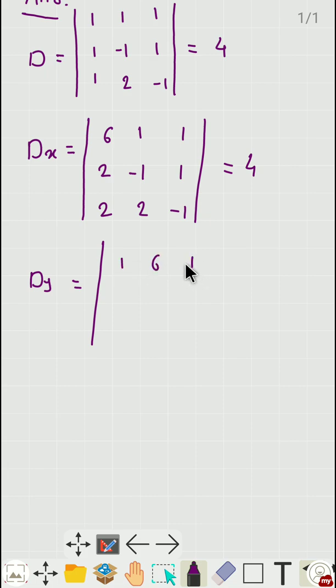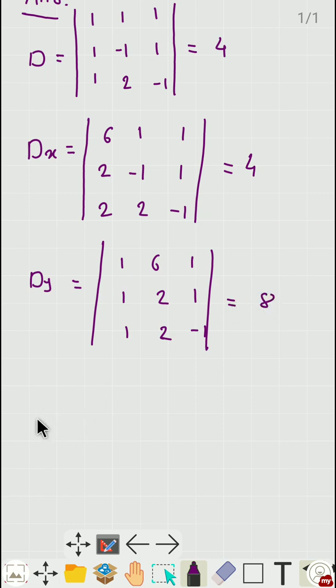1 6 1, 1 2 1, 1 2 minus 1. And the value of this determinant is 8.